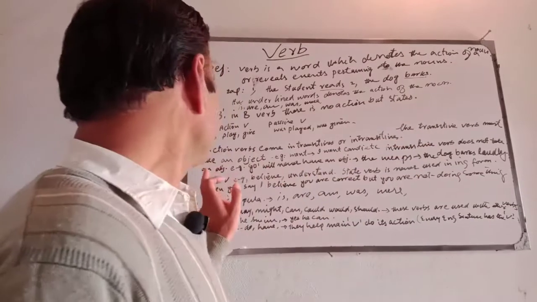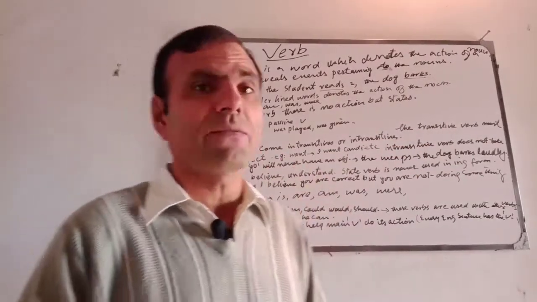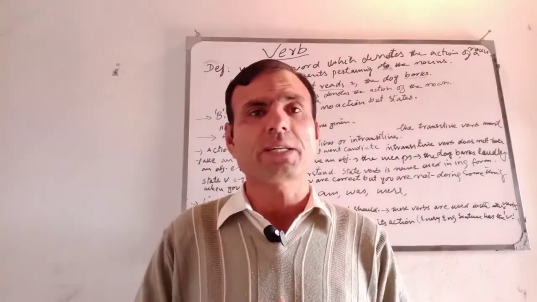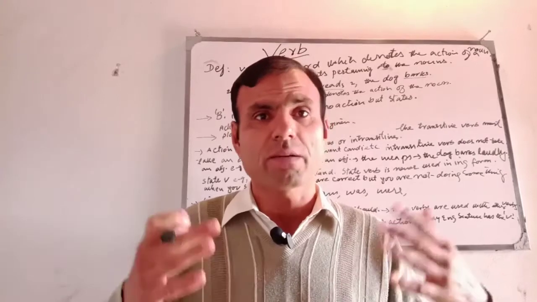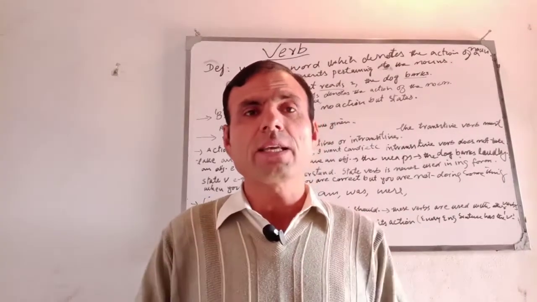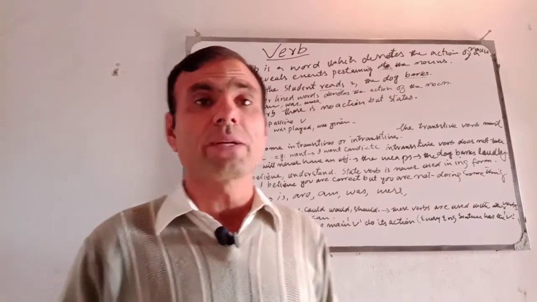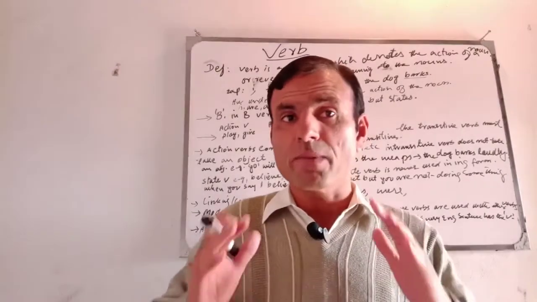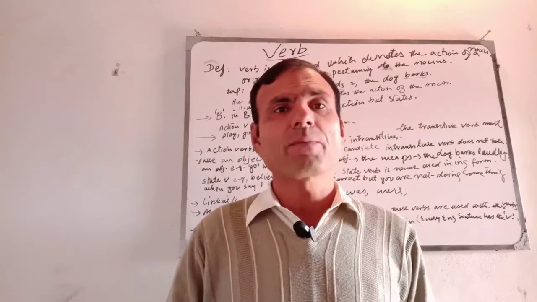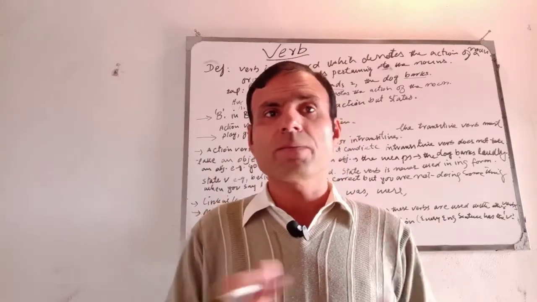The transitive verb must have an object and the intransitive verb doesn't have an object. This thing is to be remembered by you: if there is a transitive verb, it needs an object, but if there is an intransitive verb, there is no object.